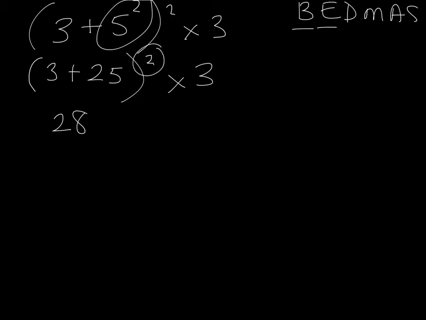And this means that you use that power on whatever is left in the bracket. So because we figured out that 3 plus 25 is 28, this exponent here gets attached to the 28 there. And it's that times 3.